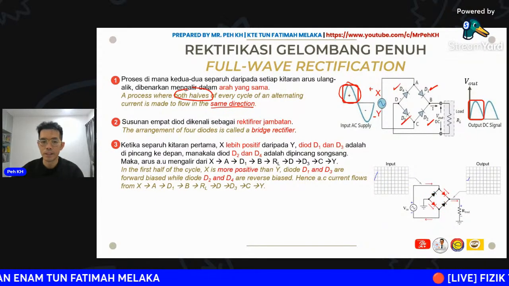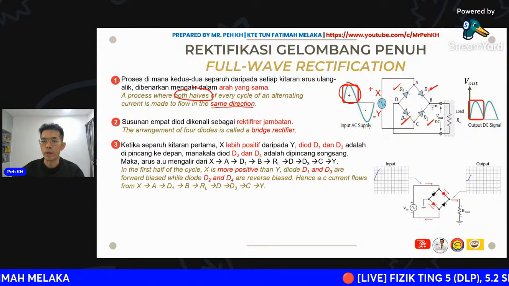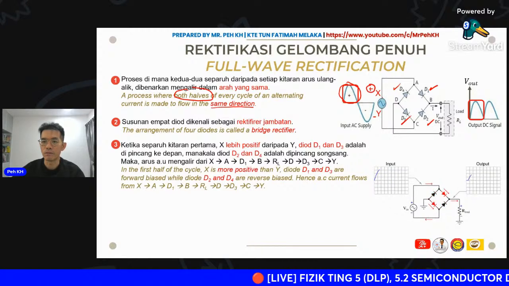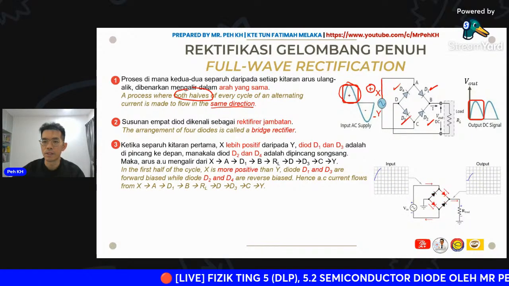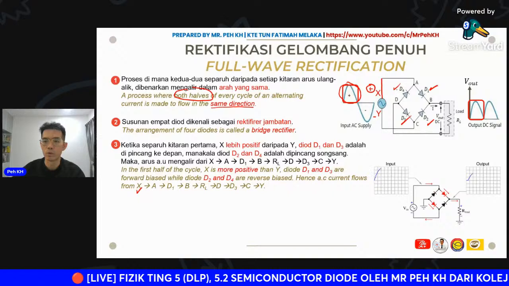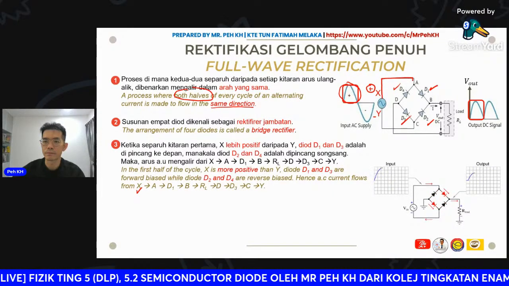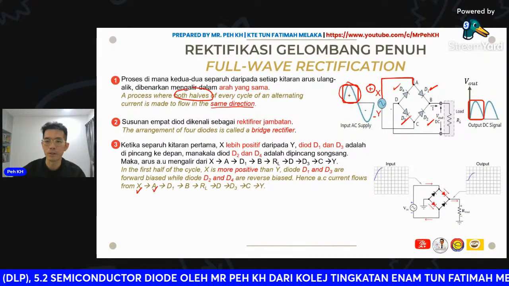Why? You can see when X is positive, current will flow from X to A, then to D1.